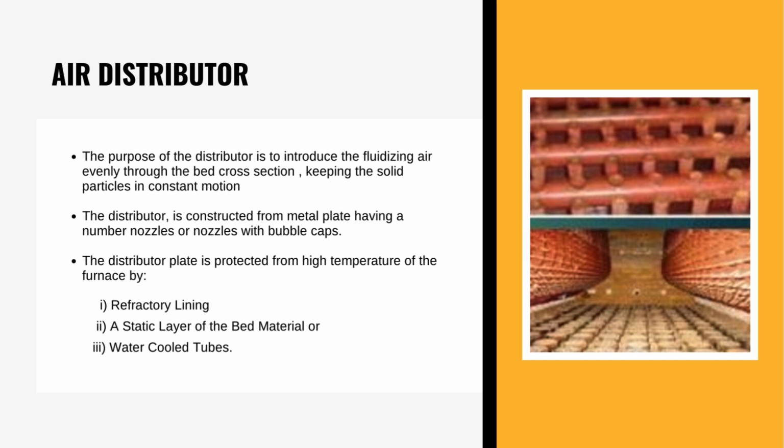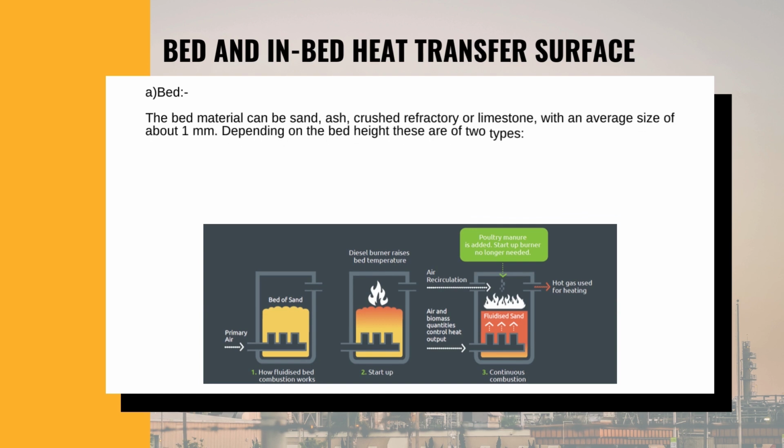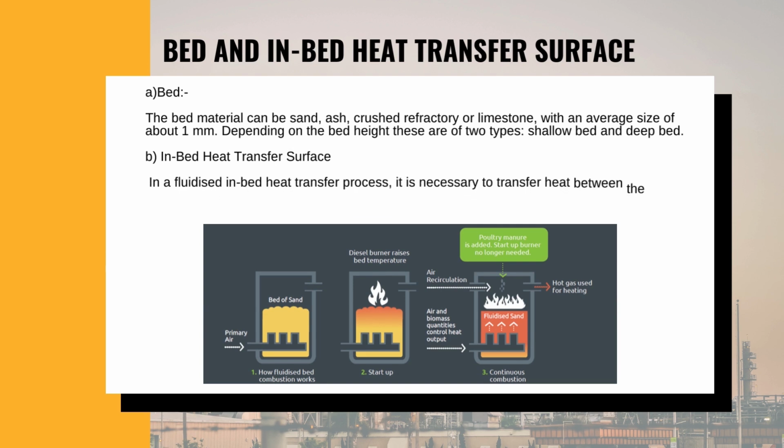The distributor plate is protected from the high temperature of the furnace by refractory lining, a static layer of the bed material, or water cooled tubes. The third one is bed and in-bed heat transfer surface. The bed material can be sand, ash, crushed refractory or limestone with an average size of about 1 mm.